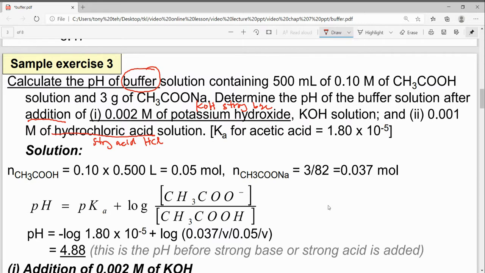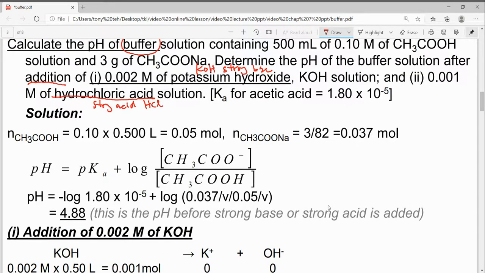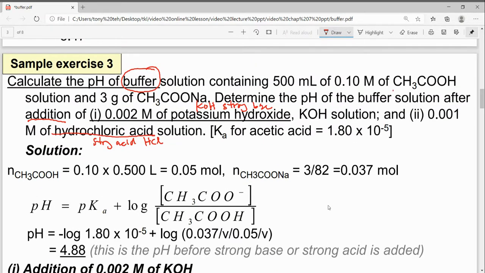Let's start. Same thing, this is a weak acid, so we use conjugate base over weak acid. You can notice here I put V, not 500 ml, because remember they are in the same solution.